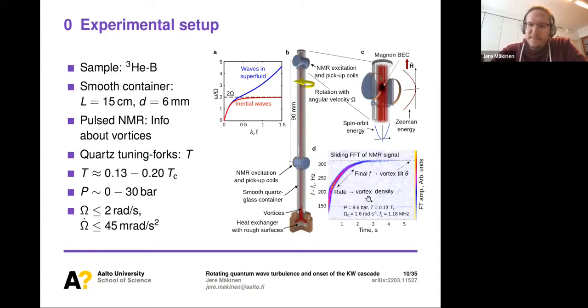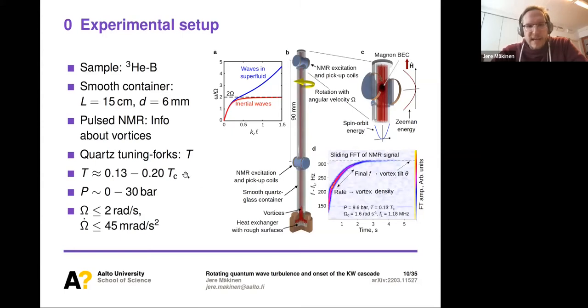In any case, the rate of this dissipation is a measure of vortex density, while the final frequency can be used to deduce, for instance, the vortex tilt angle with respect to the axis of rotation. In addition, we have devices called quartz tuning forks, located here in the bottom of this sample. They are mechanical resonators that are sensitive to the thermal excitation density, and they are used to deduce the temperature in the system.